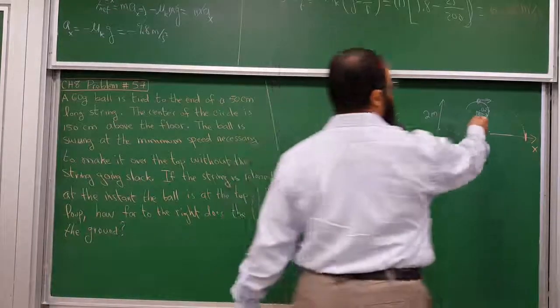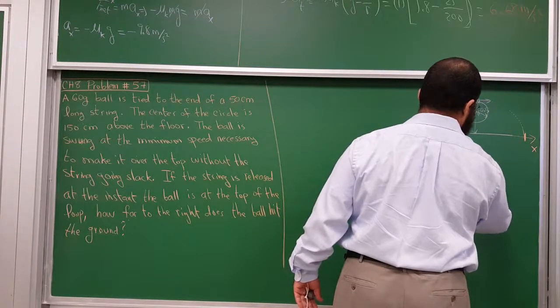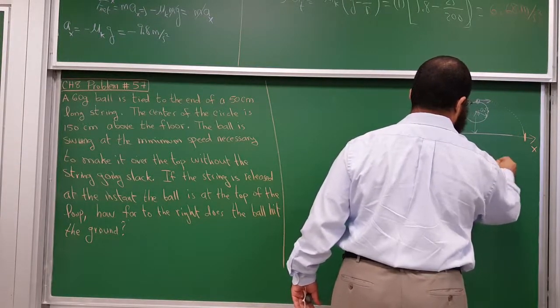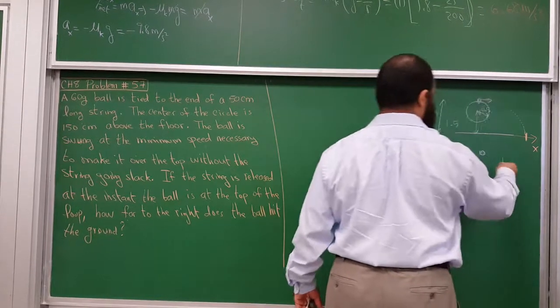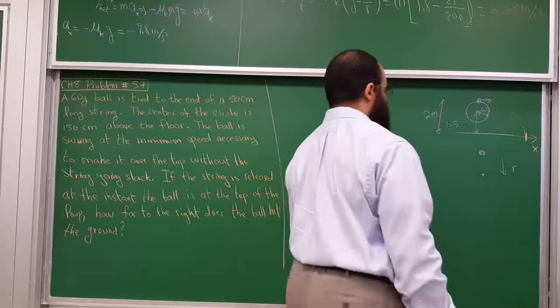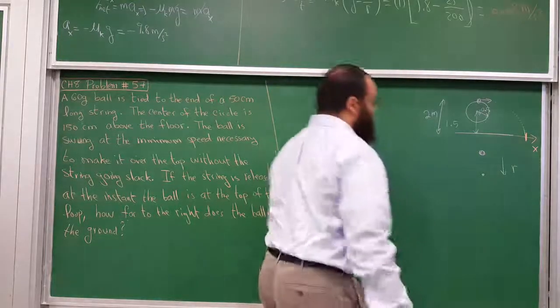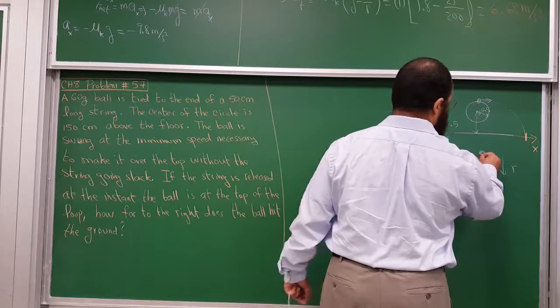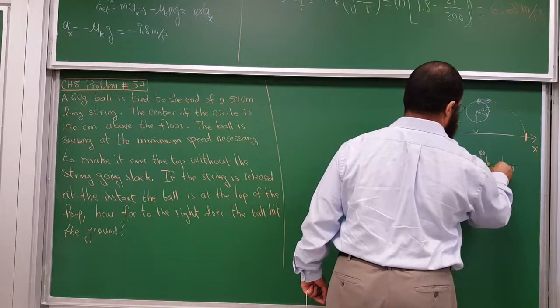So let's look at the ball when it's at the top. This is the circle here. So this is the R direction. What are the forces? There could possibly be tension, and there is mg downward.